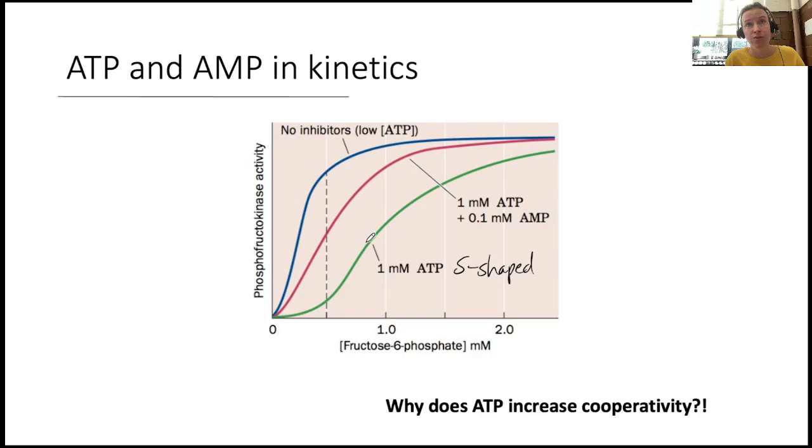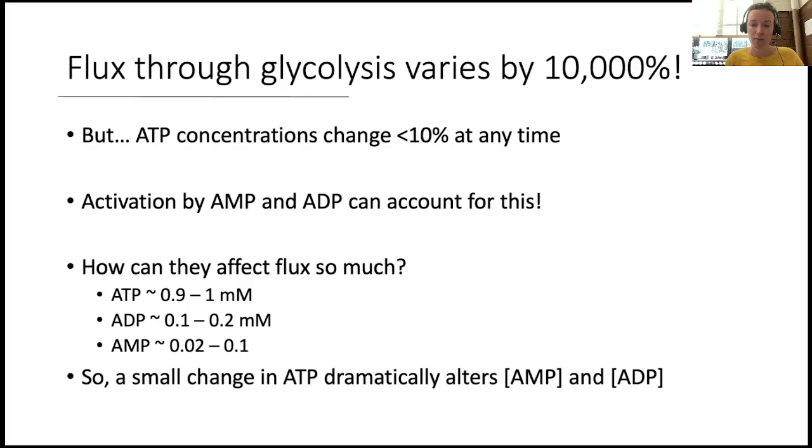Now, of course, you can also see that when we add AMP, the curve shifts back left, so we can understand that AMP is actually an activator. A few final very small notes here, folks, because we're seeing this enzyme modulated by AMP, ATP, ADP, right?